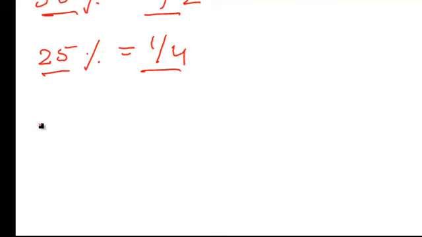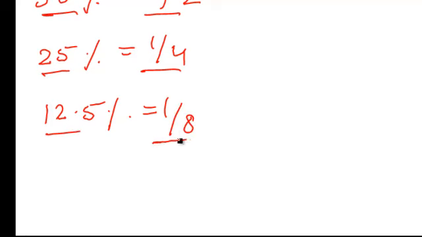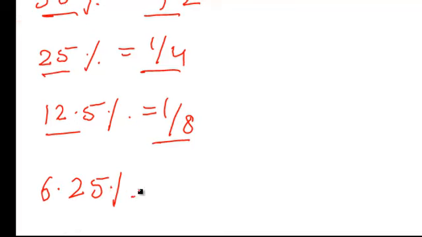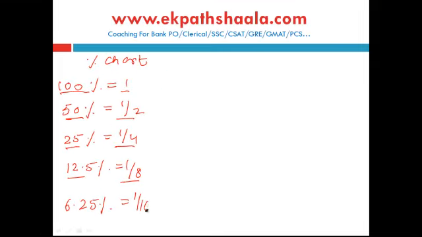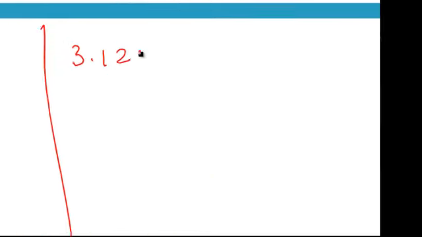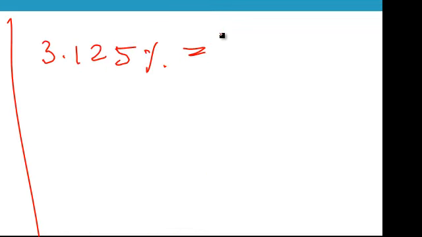Again dividing these two numbers on both sides by 2, it becomes 12.5% and it becomes 1 by 8. Again dividing these two numbers on both sides, it becomes 6.25% and 1 by 16. Again dividing these two numbers on both sides by 2, it becomes 3.125% or 1 by 32.